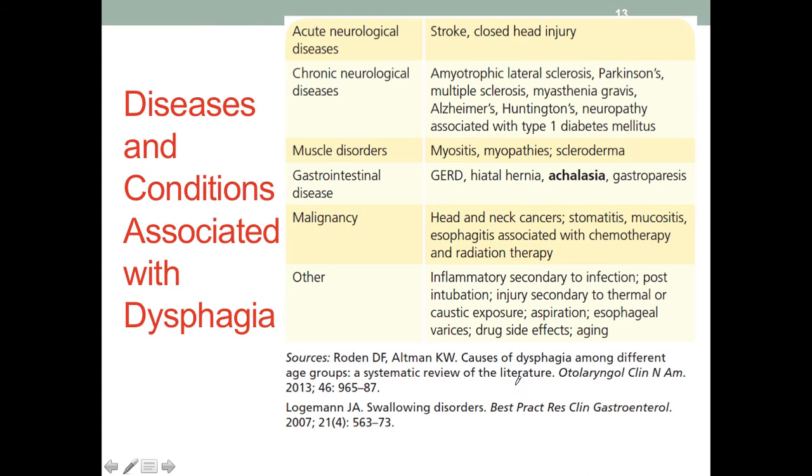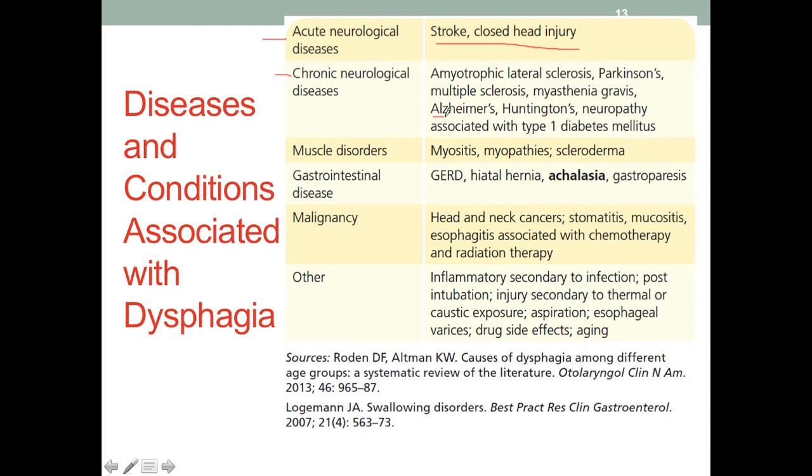So here's a list of the main diseases associated with dysphagia. It could be a neurological disease, for example, a stroke or closed head injury, and we will see many of these survivors do have dysphagia. It could also be a chronic neurological disorder.